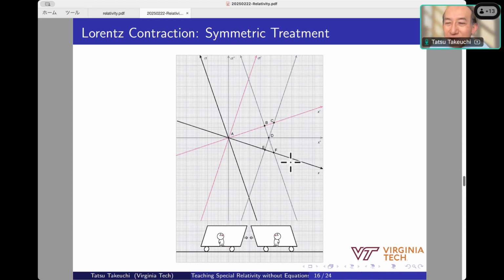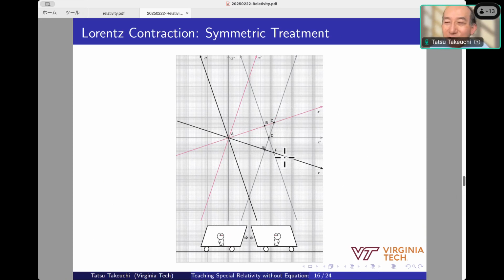And again, there is no contradiction because you are comparing different points. In the right moving frame, you are looking at the spatial separations of points A, B, and C. In the left moving frame, you're looking at the spatial separation of points A, E, and F. So you're looking at completely different sets of points.